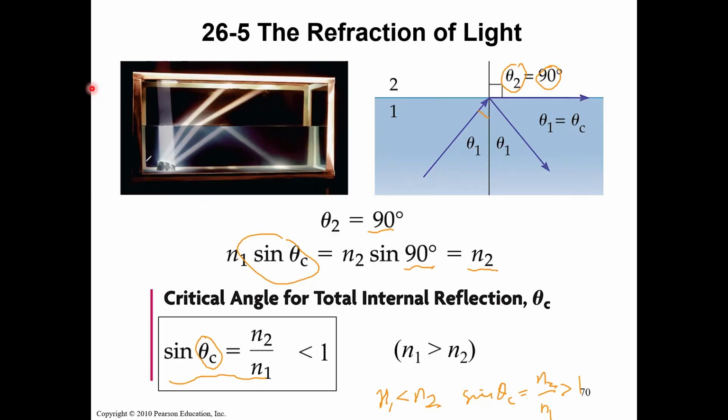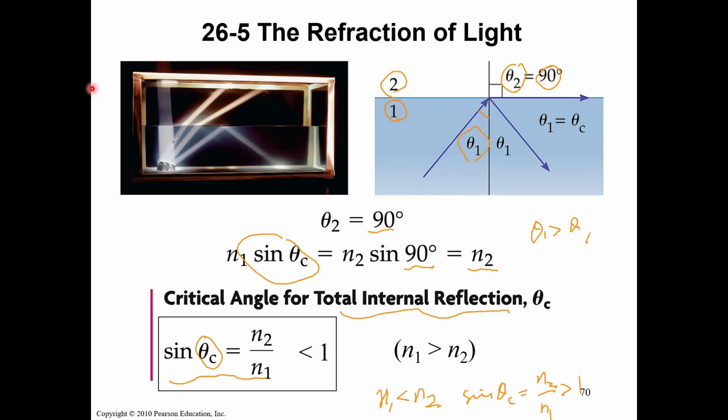So if light is going from a less dense medium into a dense medium, then there's no total internal reflection. Total internal reflection only happens if light is going from a dense medium to a less dense medium. And in that case, we can find the critical angle, and when theta 1 is larger than the critical angle, then total internal reflection will happen.